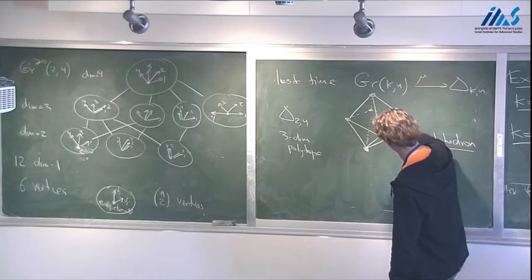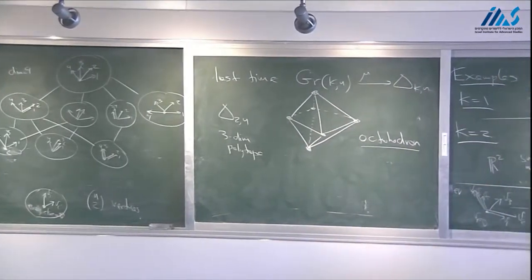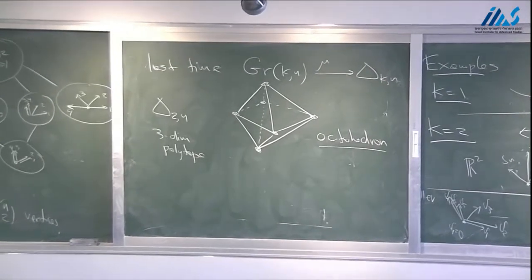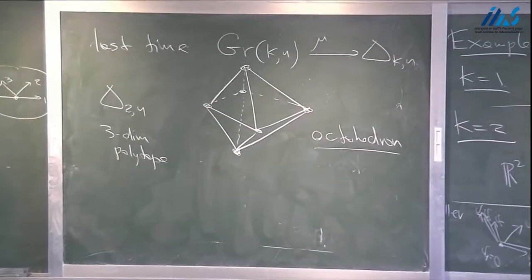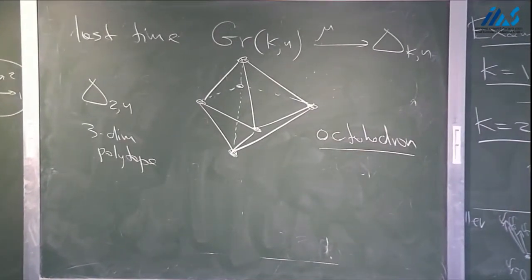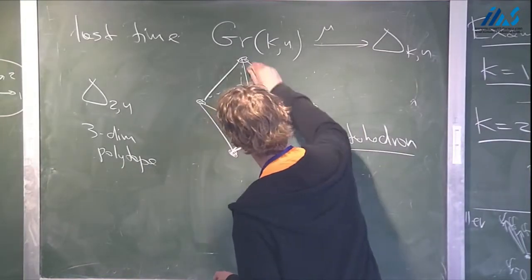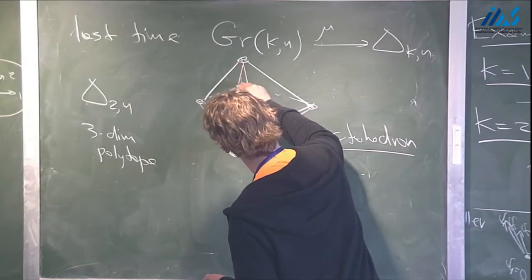Maybe I should use colors? I hope I will not make this picture too messy. But one additional face that you get in the positive Grassmannian is this square.